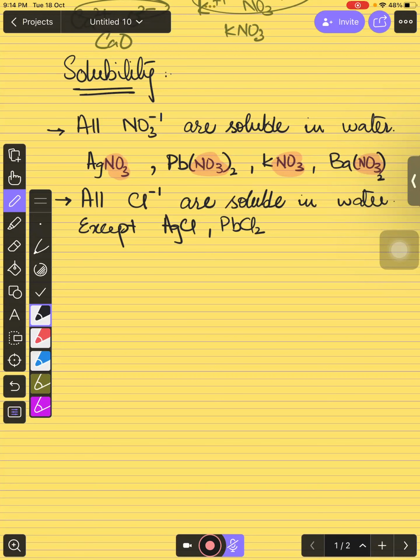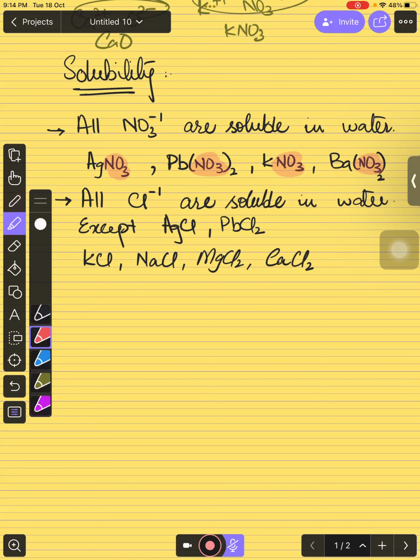So for example, you have KCl, you have NaCl, magnesium chloride, calcium chloride. So these all salts are soluble in water, except these two that are already mentioned in the statement, right?